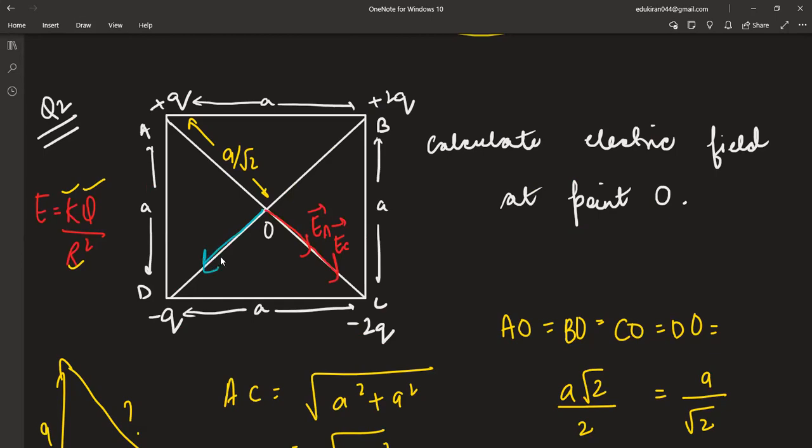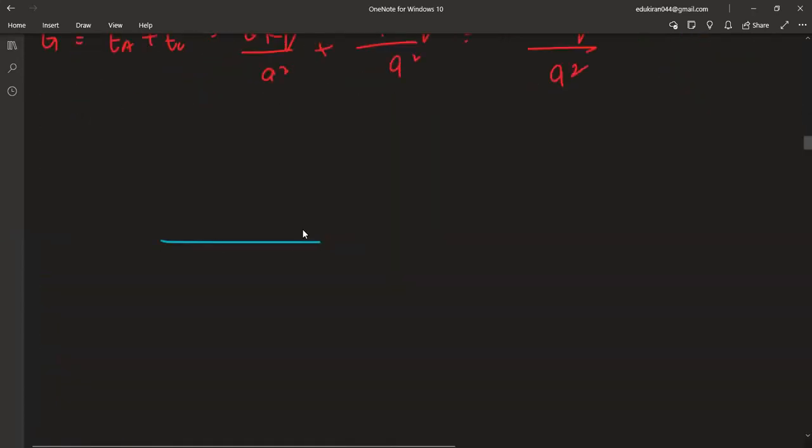Sorry to interrupt, but why are we adding the two electric fields? We are adding them because if one vector is in this direction and another vector is in this direction, they are both parallel vectors.